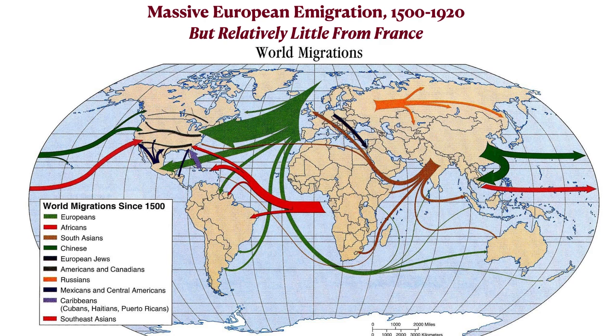One other thing to note is that this is showing all the way from 1500 to 1920, a period of massive emigration out of Europe, and it's particularly in the 19th century when this really reaches its height, just huge population outflows from many European countries, but not much from France, relatively little. I'll show you some tables in the next slide.